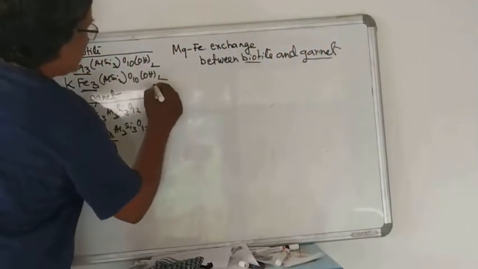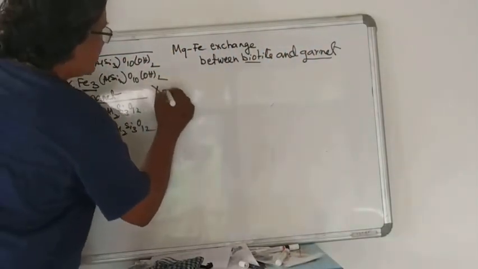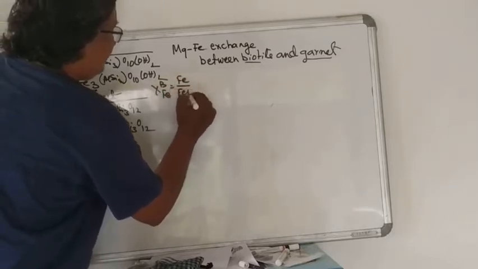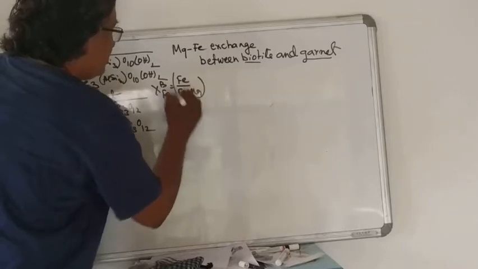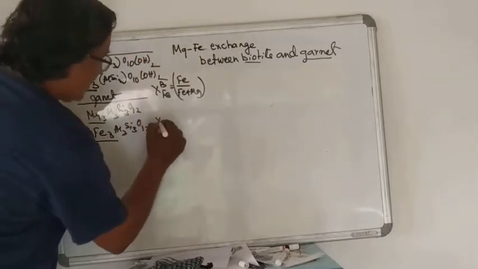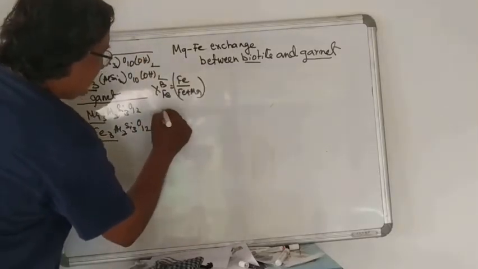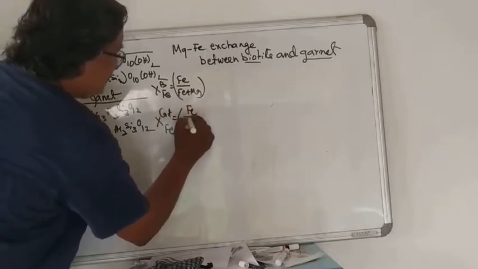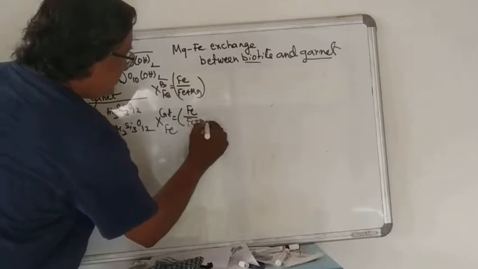in biotite. And so for biotite, X Fe biotite is equal to the amount of Fe divided by Fe plus Mg in the biotite octahedral site, and for garnet, X Fe garnet is equal to Fe divided by Fe plus Mg.